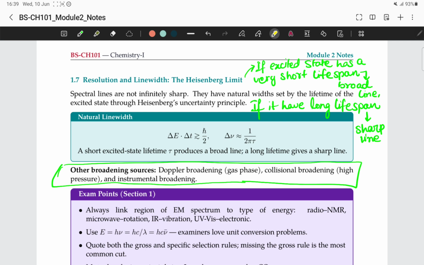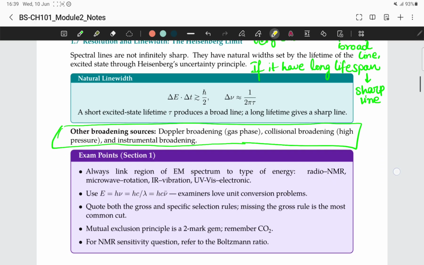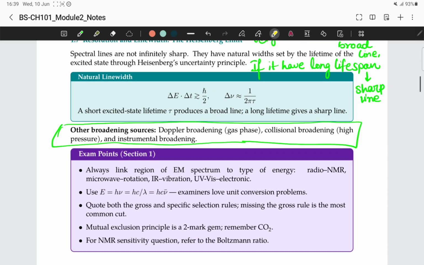The thing is very simple: if an excited state has a very short lifespan, the line will be broader; if it has a long lifespan, the line will be sharper. This is our mathematical expression. Go through the mathematical expressions, they are very important, and there are also different surrounding causes due to which line broadening takes place.